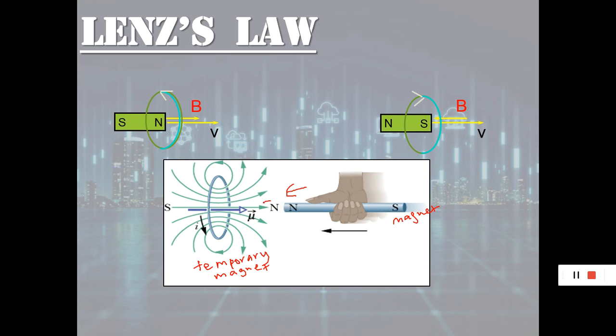To oppose, it will be N, north, and the other part will become S, south. All right, so this is Lenz's law.